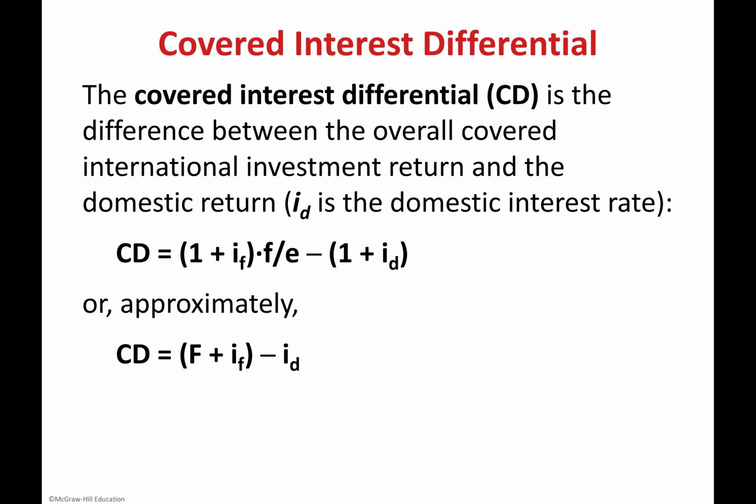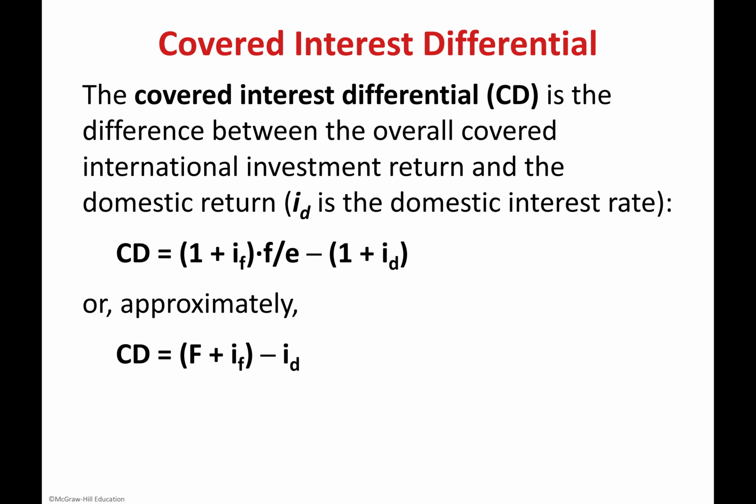So the covered interest differential is the difference between the overall covered interest international investment return and the domestic return. So what's the domestic return? Well, it's 1 plus i subscript D. That's just the interest that you're going to get per dollar if you leave it in the domestic currency, dollars in this case.